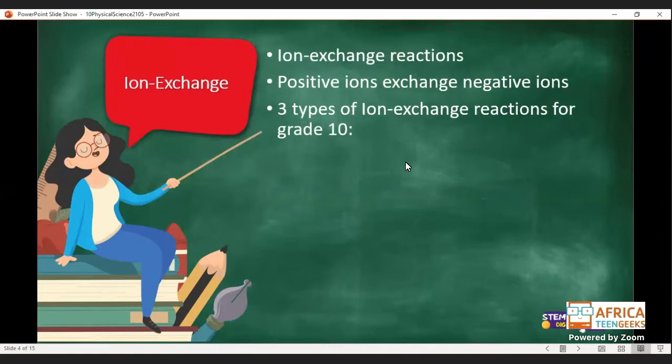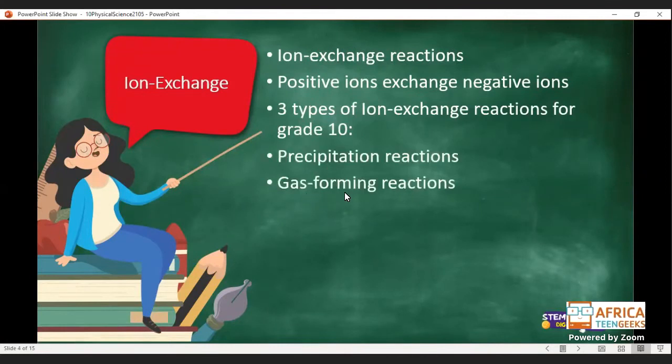This doesn't mean that there's not more, but this is what we are focusing on in grade 10. So precipitation reactions, which is what we're going to do today. Gas forming reactions, which is a tiny little unit. We did that yesterday. And then acid-base reactions, which is all revision from grade 9.